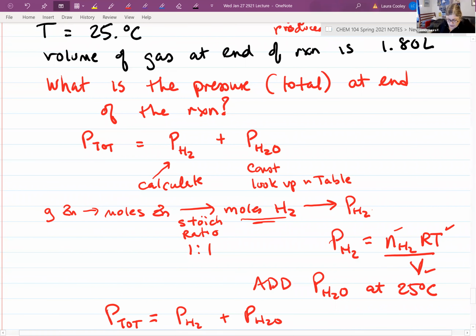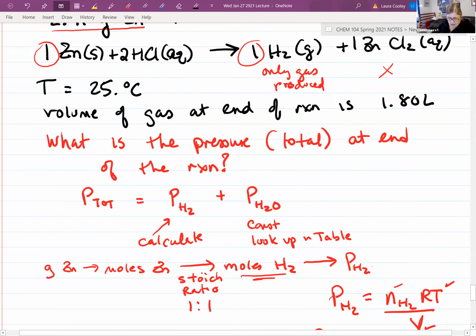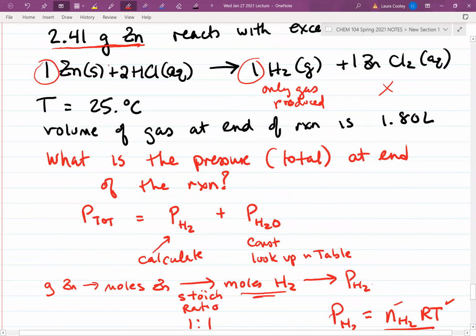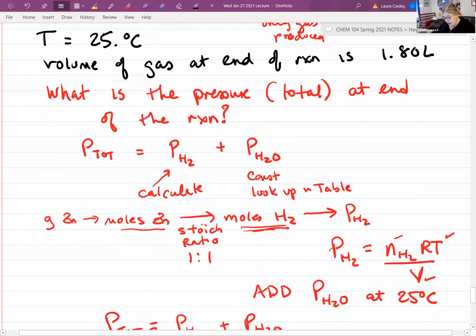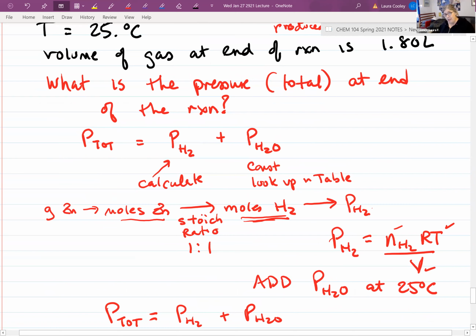So you understand how you could use the amount of zinc you started with, the grams of zinc, to get the moles of zinc. And then you could get the moles of H2 from that. But now remember that when we have a gas mixture like we have here, you have the partial pressure due to each component, and that depends on the moles of that component, which is what we have just calculated once we get to this point in the problem.